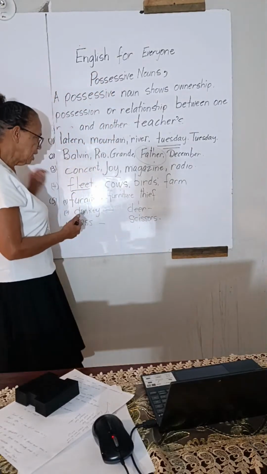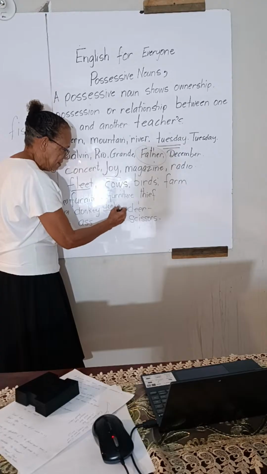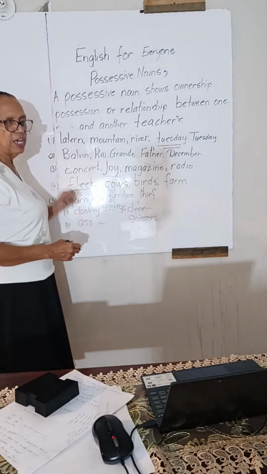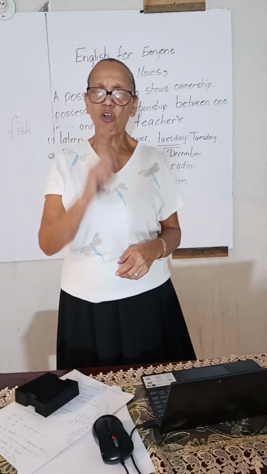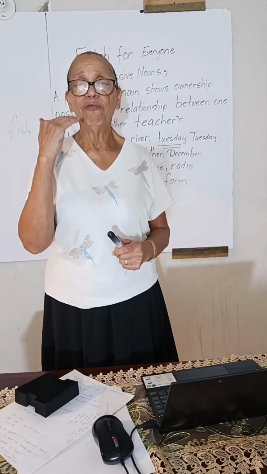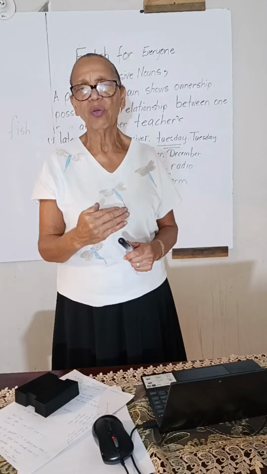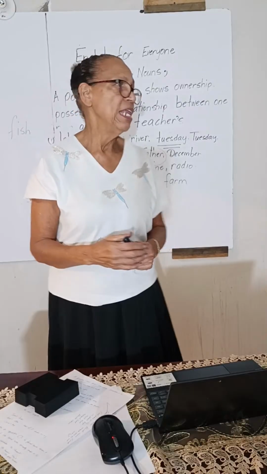All right, donkey is going to be donkeys, D-O-N-K-E-Y-S. Remember, if the vowel comes before the Y, do not change the Y to I and add ES. Like baby.